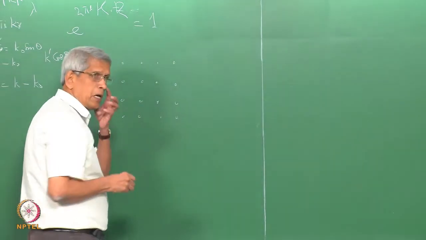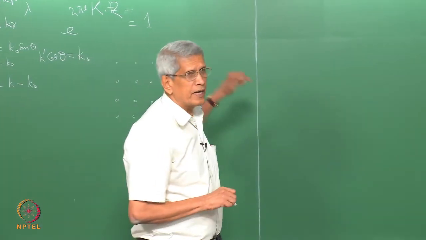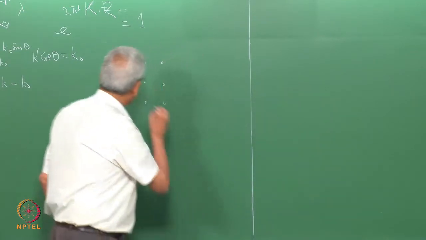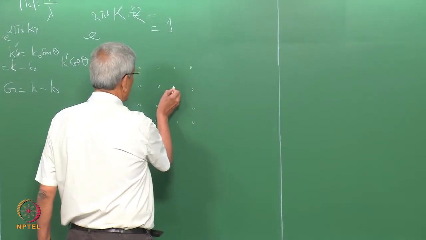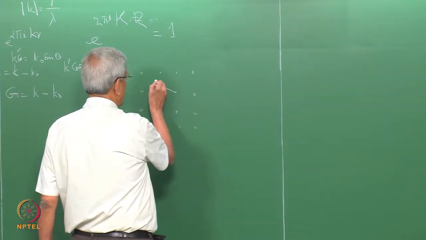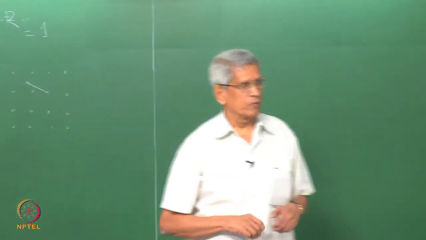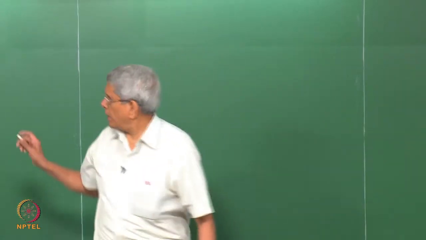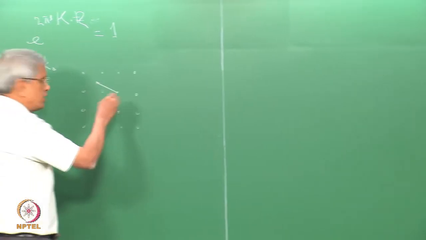From this point, you choose the direction in which the beam is coming, the k we know that. So, the vector k you try to measure from this point in the direction of the beam which is coming. And with this point as the center, now you draw a sphere.